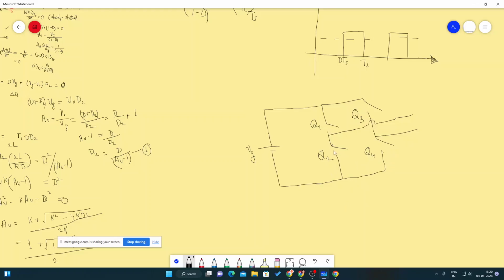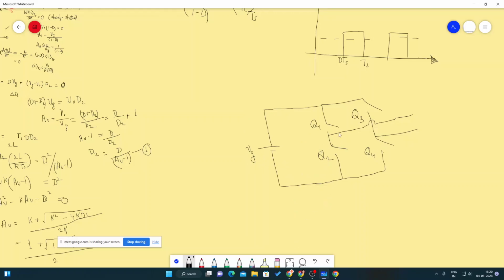Q1, Q2 and Q3, Q4 are known as inverter legs. The rule is you cannot turn on both the switches of the same leg simultaneously. By doing that you are shorting the DC bus.